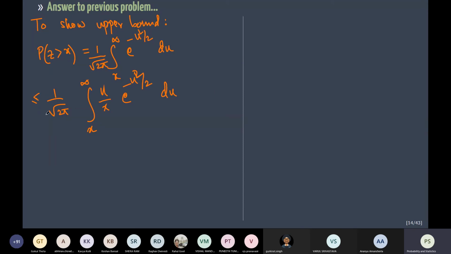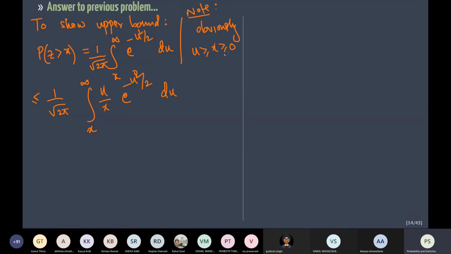Okay, and since I'm integrating over u, obviously u is greater than or equal to x, because that's the limit of integration for u. So u is greater than or equal to x and x is greater than or equal to 0.